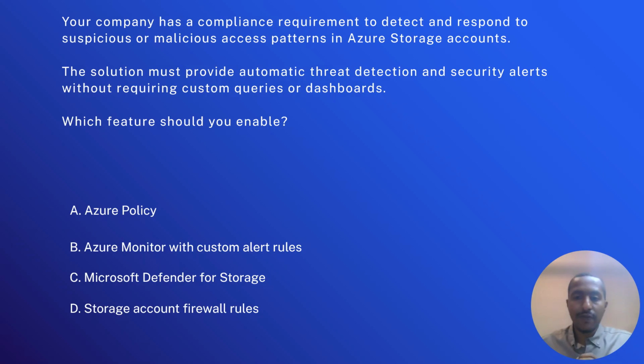So if we assume that we have suspicious activities and they come from an allowed network, then those firewall rules will just do nothing, right? It's not their purpose to detect suspicious activities. So it's wrong, and the right answer would be Microsoft Defender for Storage.